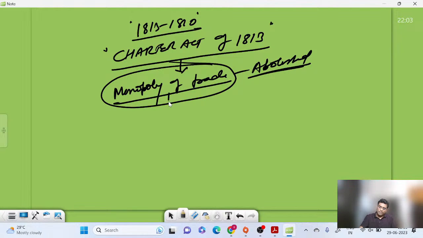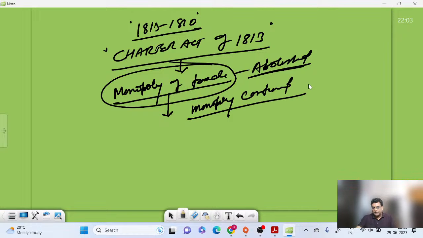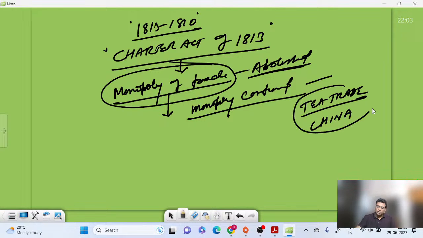But in this phase, the monopoly continued in tea trade and trade with China. So the monopoly of trade was abolished, but the monopoly continued in tea trade and trade with China.